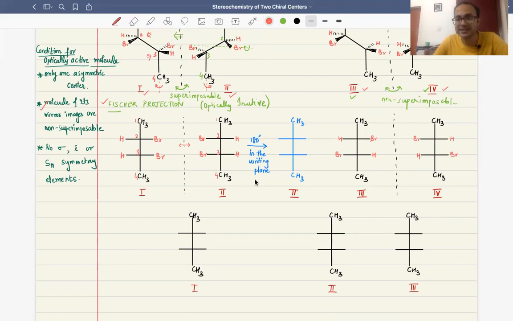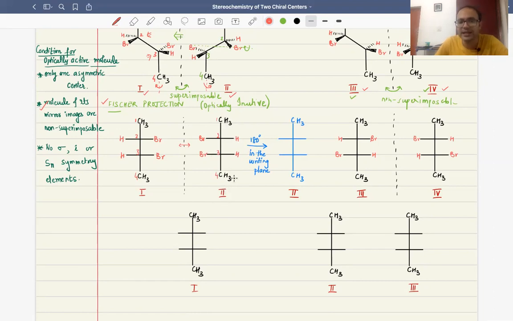So that is what I'm trying to do here. If I rotate this particular second stereoisomer by 180 degrees in the writing plane, which is an allowed operation, then I do not actually change the configuration of this molecule. And therefore, whatever structure I get would be the same as the second structure.